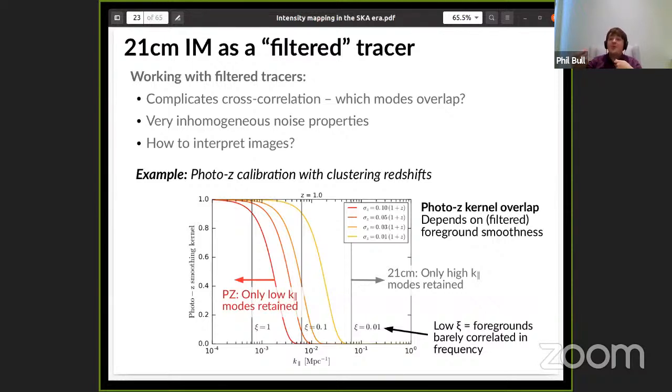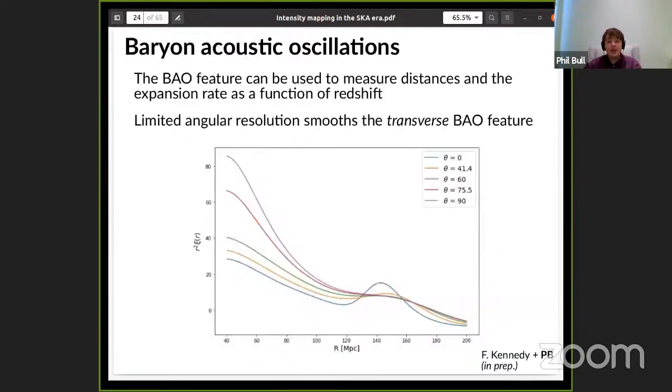You only see Fourier modes at low k-parallel. You've lost the high k-parallel structure because of the redshift uncertainties. And so when you do that cross-correlation, you have to be really careful about how much your filtered 21 centimeter map overlaps with your photo-z survey and what kind of cosmological information you can get out of it.